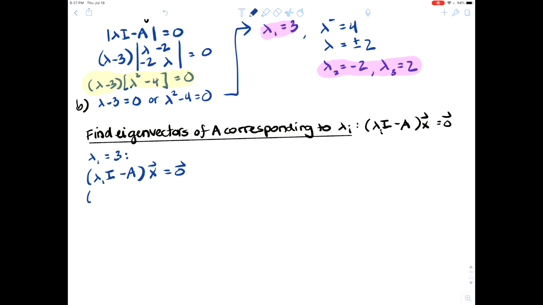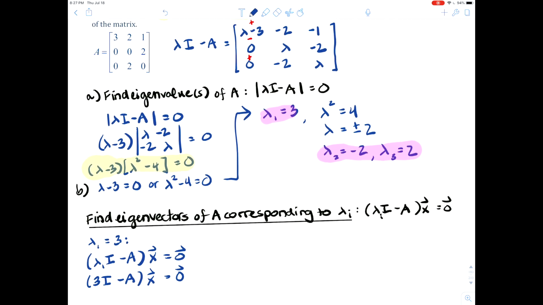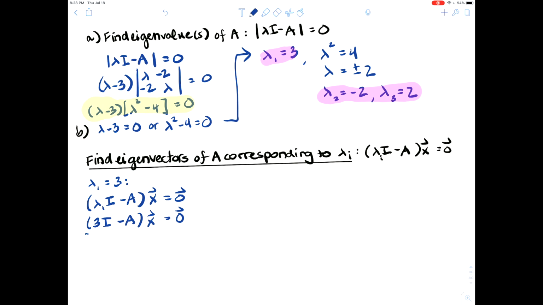Well, lambda 1 was 3, so we'll just have 3 times I minus A times x equal to the 0 vector. And remember, we have lambda I minus A, so we just plug in 3 wherever there's a lambda. So that's going to give us, in the diagonal, 0, 3, and 3.